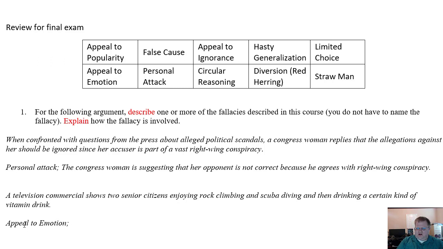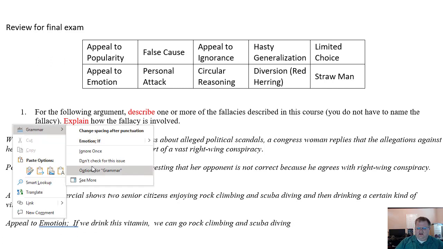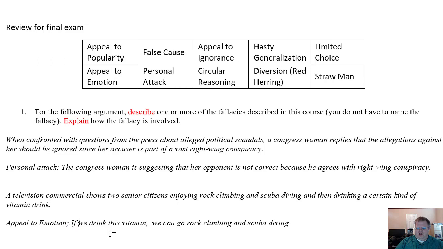And what the argument is that if we drink this vitamin drink, we can go rock climbing and scuba diving as well, which again isn't the case. Just because you drink something yummy and delicious doesn't mean you have all these abilities to climb rocks and do all these big things.